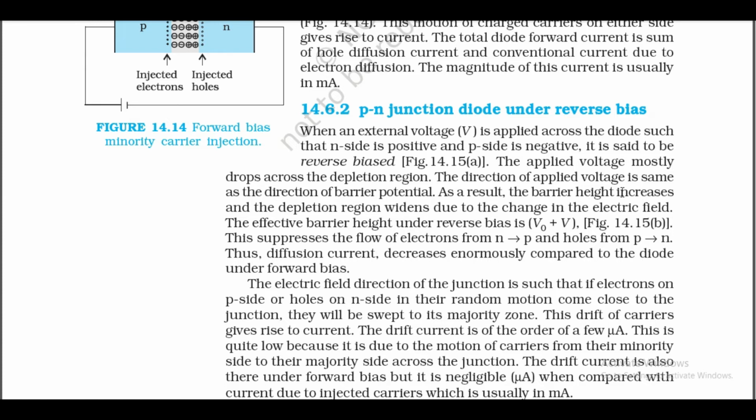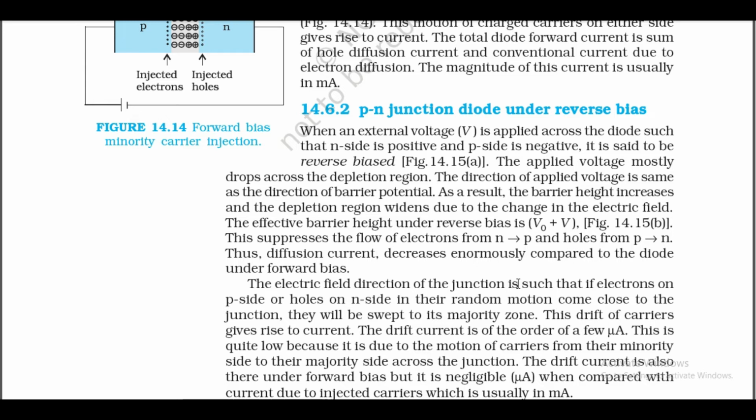The direction of the applied voltage is the same as the direction of the barrier potential. As a result, the barrier height increases and the depletion region widens due to the change in the electric field. The effective barrier height under reverse bias is V0 plus V. Figure 14.5b. This suppresses the flow of electrons from N to P and holes from P to N.